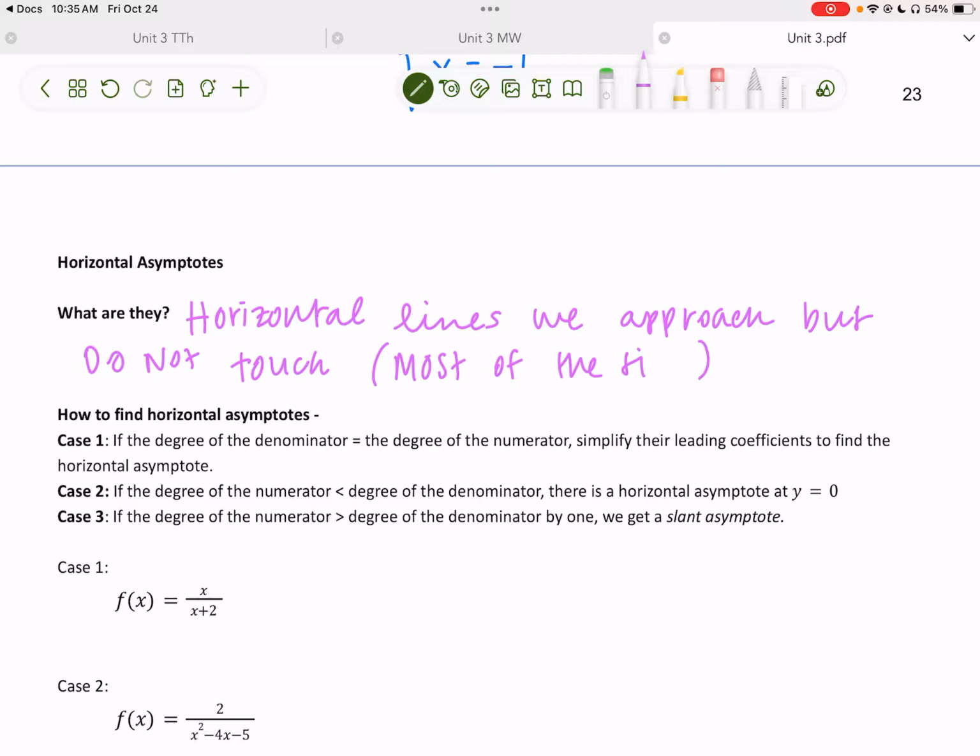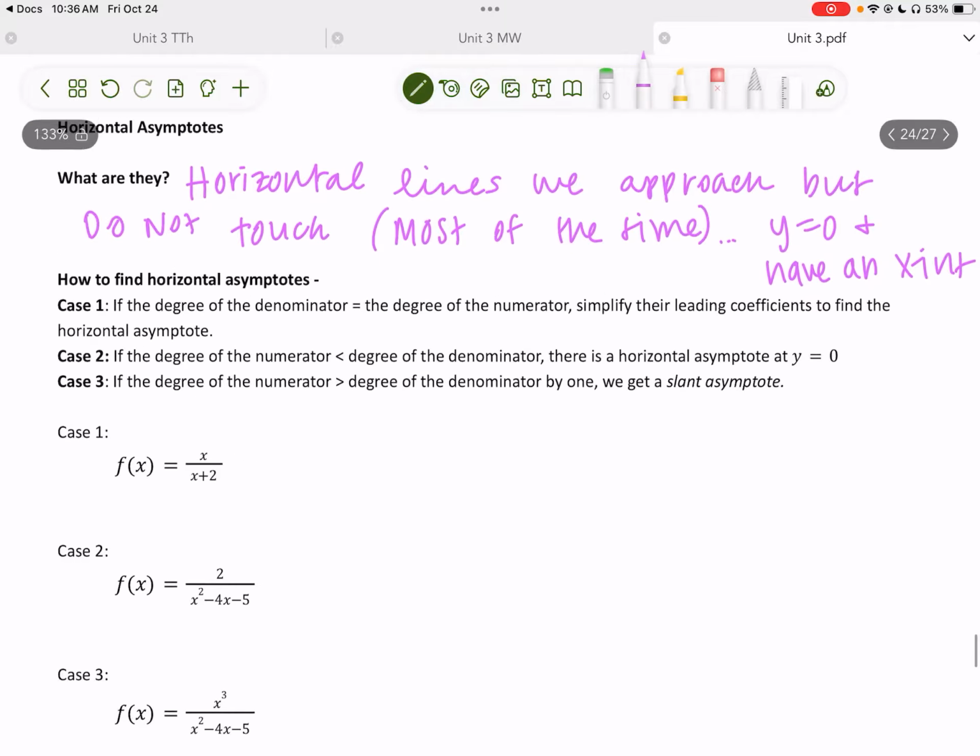There are scenarios where they will cross. So if your horizontal asymptote is at y equals 0 and you have an x-intercept, then it will cross the axis, which is the asymptote. And we'll do an example of that and you'll see how that happens.